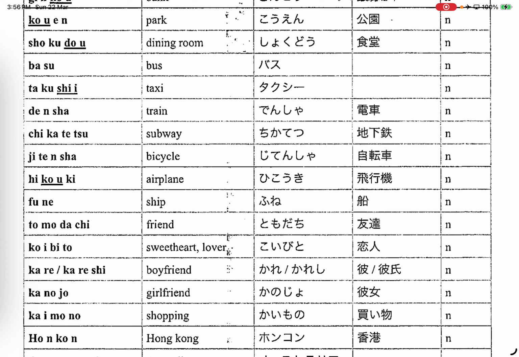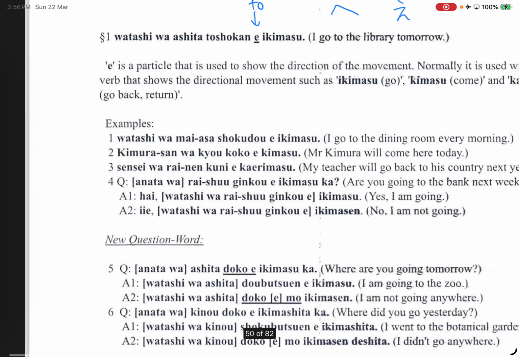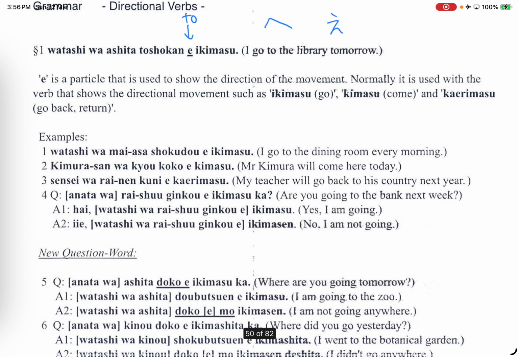If you use that on a friend, the friend will be like, what? I got 小三? So please be careful of using the word 愛人. You might accidentally suggest that you have a third party in the relationship. That is the big difference. Okay, next page we have the grammar, directional verb.